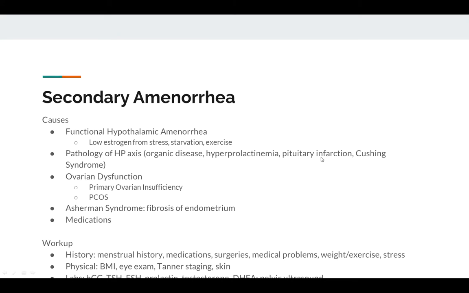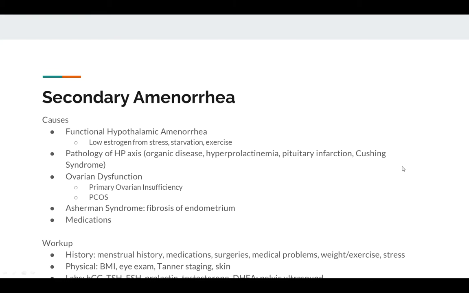So secondary amenorrhea is basically the absence of menses after an established period of normal menses. This can be a functional problem. So basically the estrogen gets low because there's something else in the system that's messing things up. So stress, starvation, exercise. There can also be another issue with the HP axis.